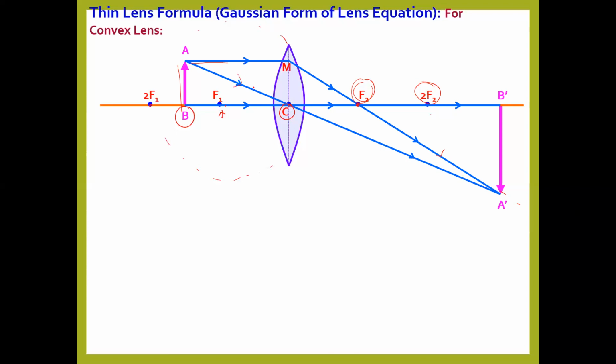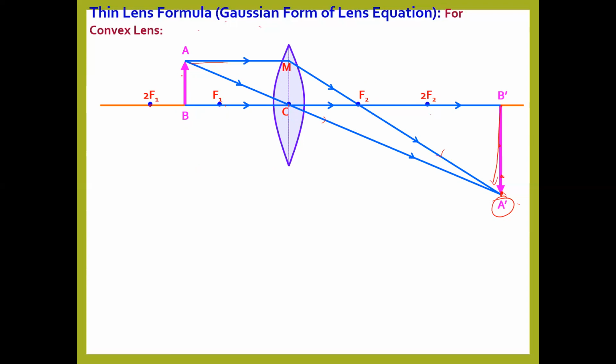If the light ray goes through the center, it will not deviate from that line, that means we can draw a straight line only. So these two lines will meet at a certain point. This is the image of the point A. Similarly, all the points will be produced, and finally we can draw the image A prime B prime. So this is the way to draw a diagram using a lens.